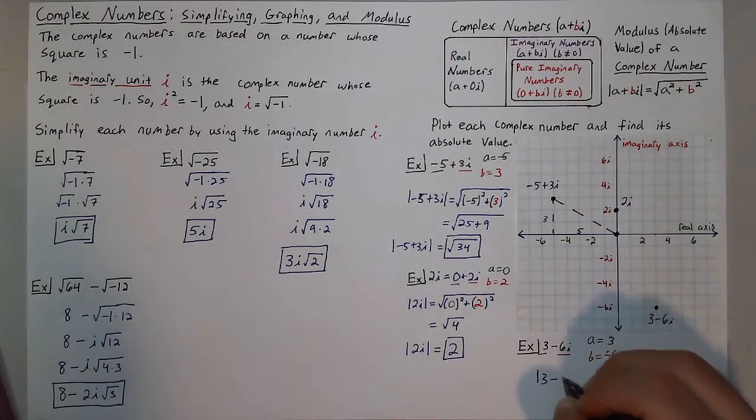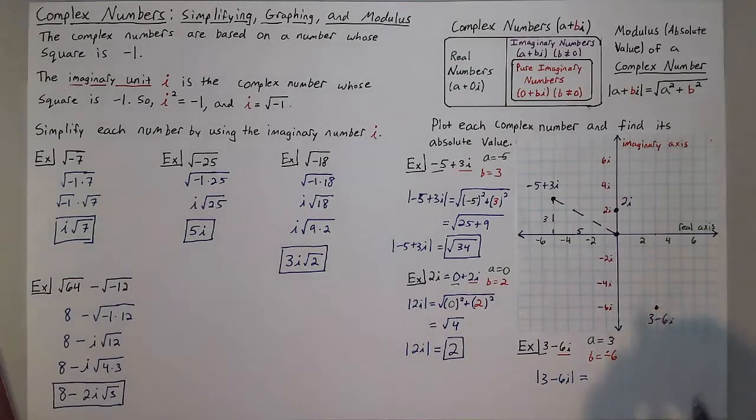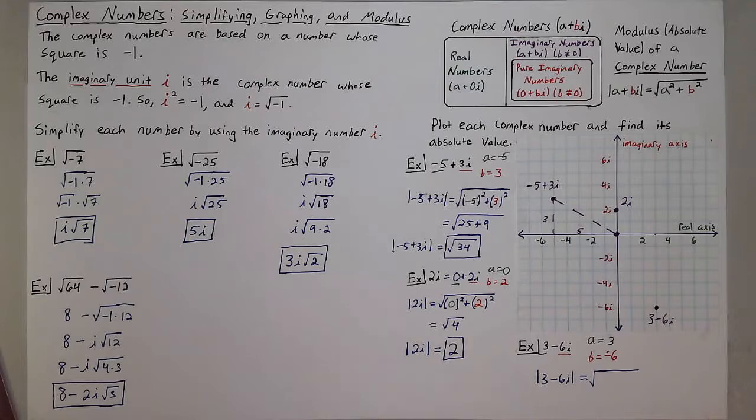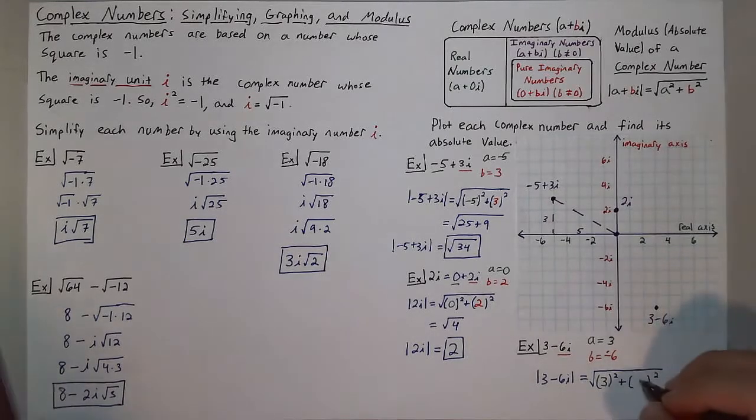So the absolute value of 3 minus 6i, or its modulus, would be the square root of a squared, which in this case would just be 3 squared, plus b squared, which is negative 6 squared.